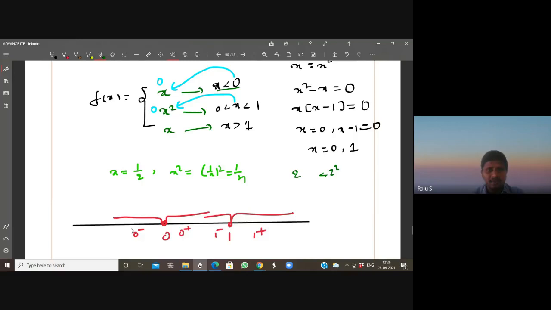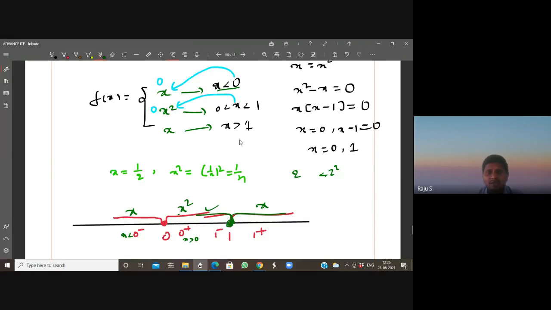Here we are getting different values. For x lesser than 0, the function is x. For x greater than 0, the function is x square. x is a polynomial, x square is a polynomial, so in the 0 minus case it is continuous everywhere. At 0 also we got that it is continuous. x square is also a polynomial, continuous everywhere. In 1 minus also x square is continuous, and in 1 plus the function x is continuous everywhere.